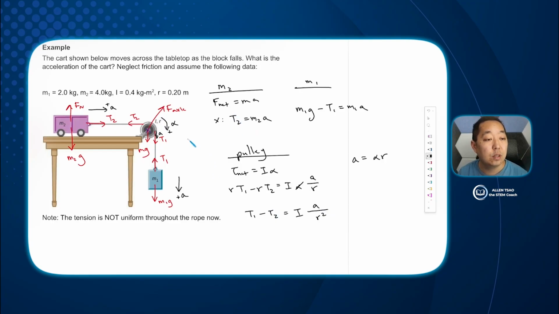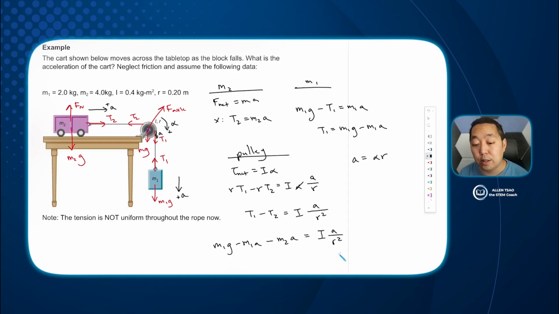So now we have these sets of equations, but now let's replace all the things that we know because we just want to know the acceleration. So we're going to replace the T1. The T1 here is going to be M1G minus M1A. So here it's going to be M1G minus M1A minus T2, which is M2A, and that's equal to IA over R squared.